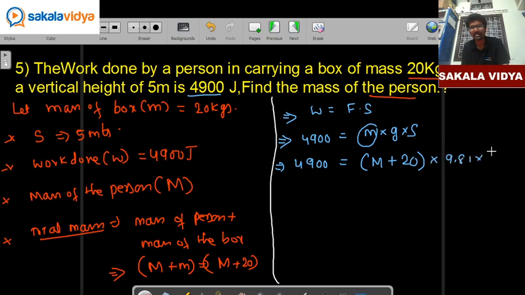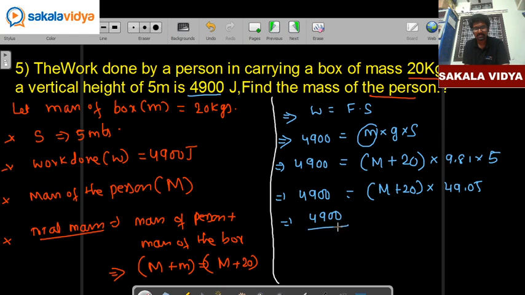What is the displacement made by the person? That is 5 meters. So 4900 is equal to capital M plus 20, into 49.05. So this 49.05 goes to the left hand side, then it becomes 4900 divided by 49.05 is equal to M plus 20.